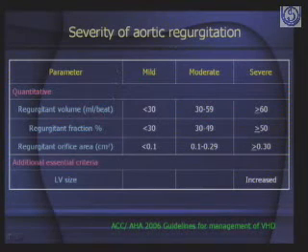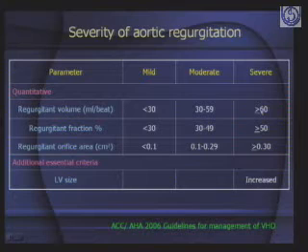If the regurgitant volume in milliliters per beat is less than 30, then it is mild aortic regurgitation. If it is between 30 to 59, then it is moderate, and if it is more than 60, then it is severe.